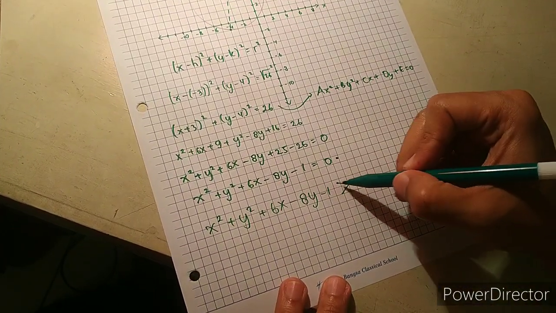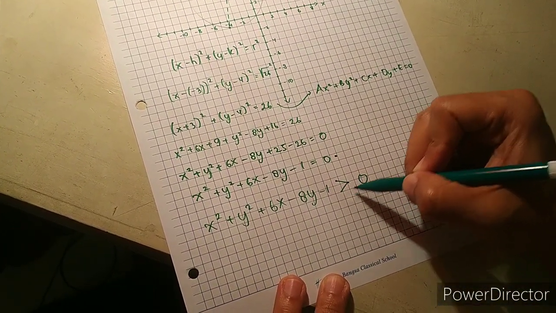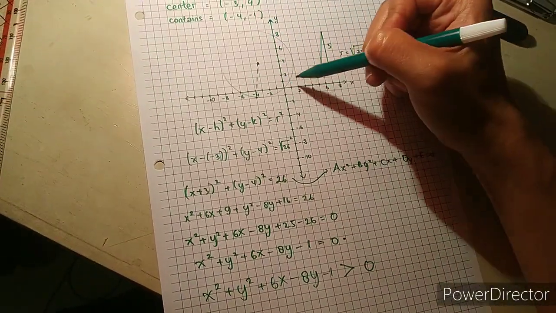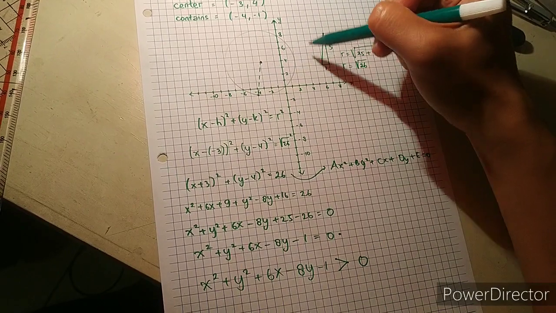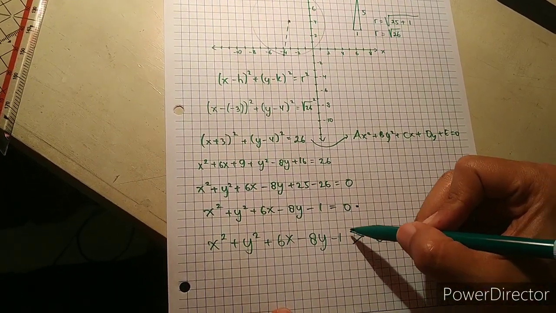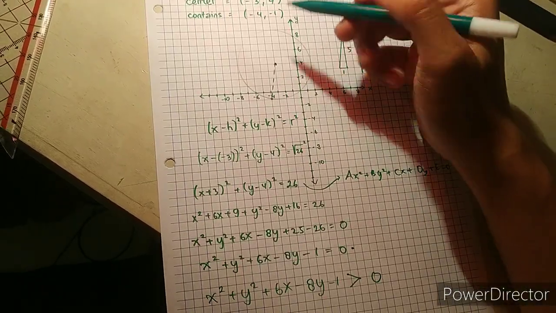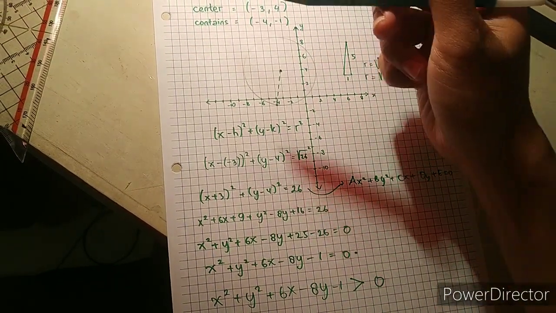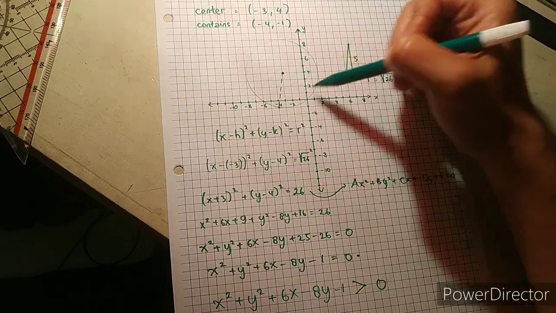Since it is just larger than, without an equal sign, the circle itself is not the solution. Because it is larger than, this circle separates two areas, the inner side and the outer side.